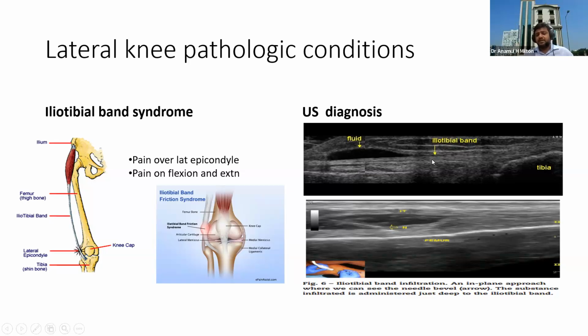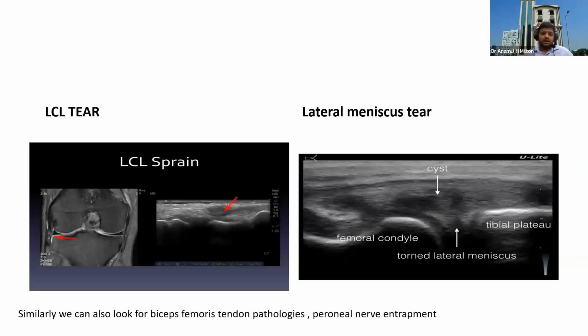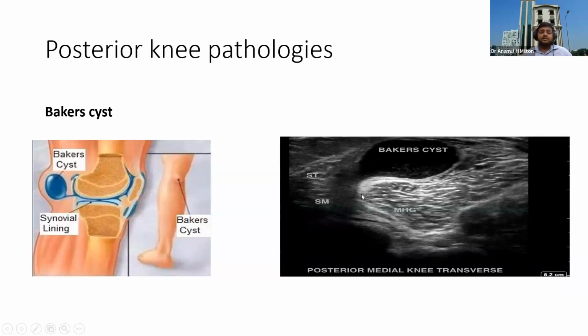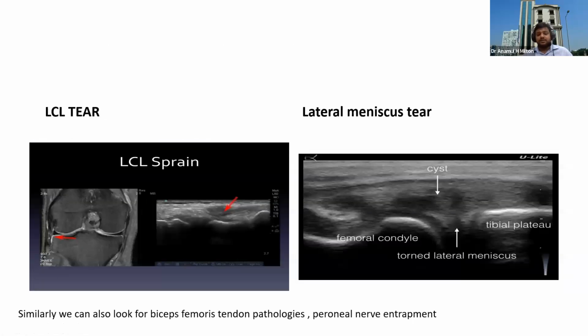With friction, multiple trauma or repeated use, a small collection forms there, so it may be due to iliotibial band syndrome. Now for the lateral collateral ligament, either there is some sprain change or a cyst. You can see here the small collection and also diffuse bulging of the lateral meniscus on the knee side.